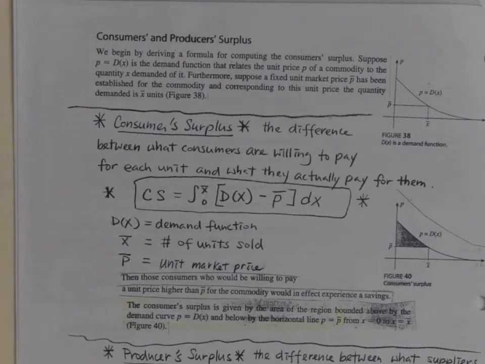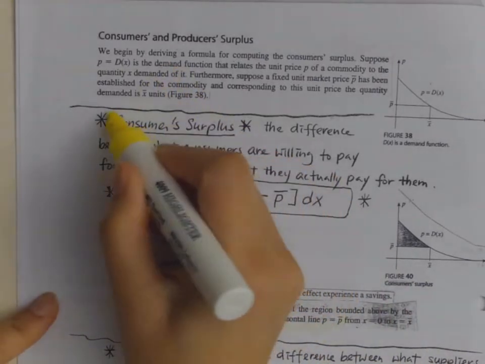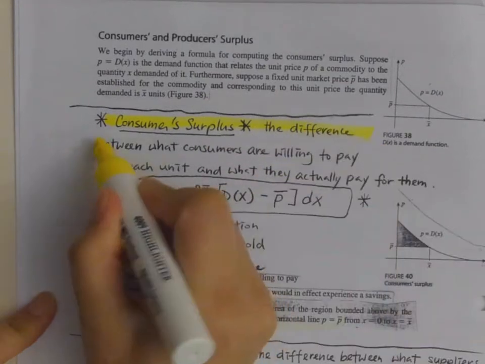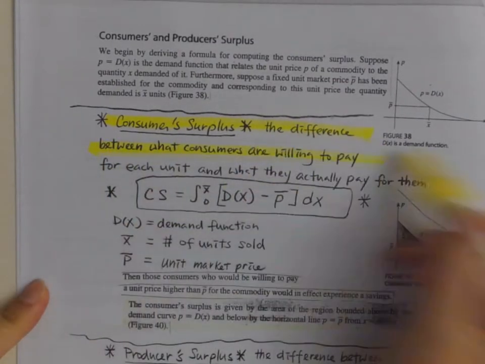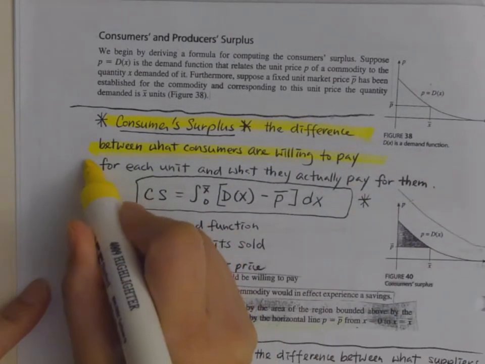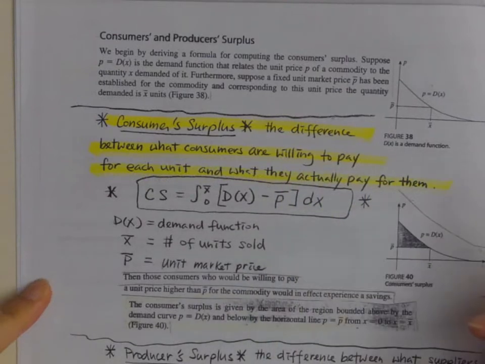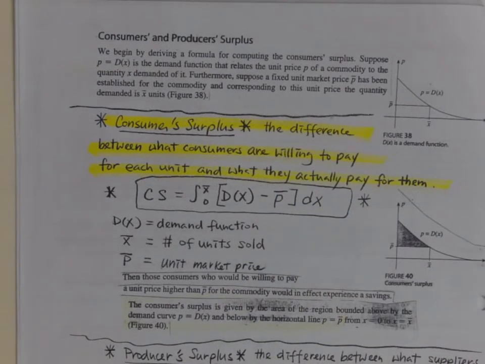Alright, last videos. We talk about consumer surplus and producer surplus. What consumer surplus means is they are looking at the difference in price between what the consumer is willing to pay for each unit and what they actually pay for them. So say, like, why now hand sanitizer is difficult to find.